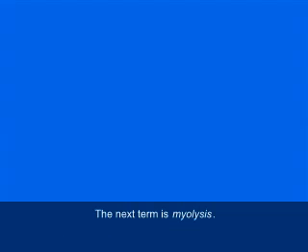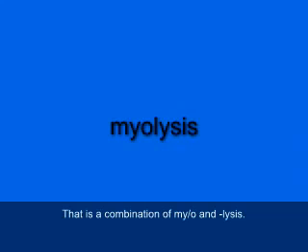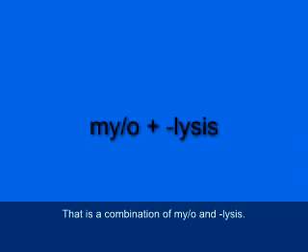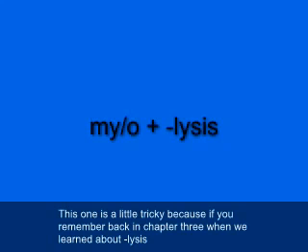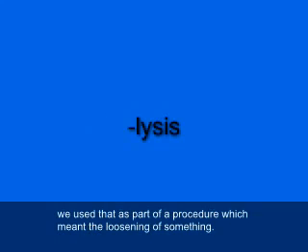Now our next term is a little trickier because of the word parts. The next term is myolysis. That's a combination of myo and -lysis. This one's a little tricky because if you remember back in chapter 3 when we learned about lysis, we used that as part of a procedure, which meant the loosening of something.